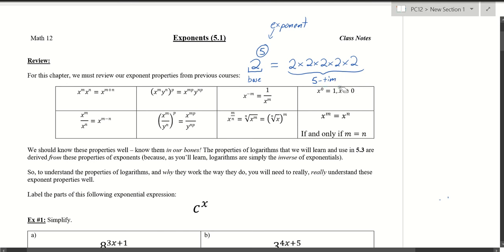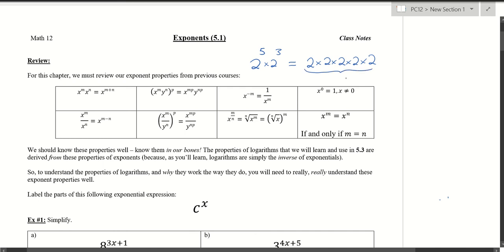But we start to see some patterns in how exponents seem to behave. For example, let's say we have 2 to the power of 5, and we're going to multiply that by another power, 2 to the power of 3.